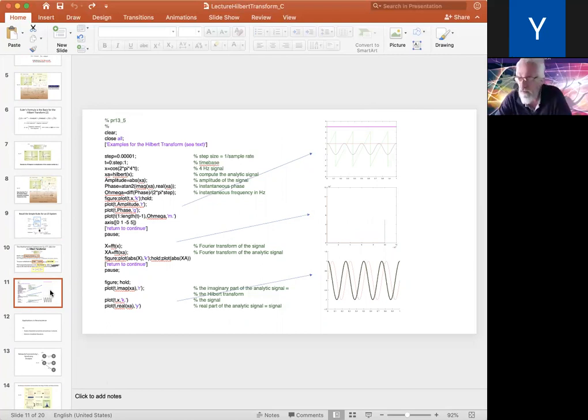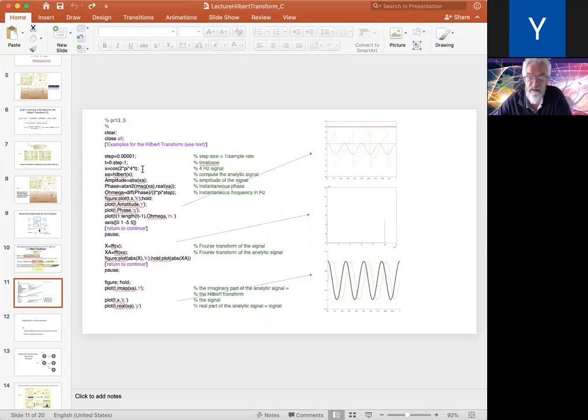The program that we are using is program 13_5. We're using the same example as in our figure, a cosine signal. It's 4 Hertz, as you can see, 2 pi 4, so 2 pi 4 is omega, and the 4 is the frequency in Hertz.